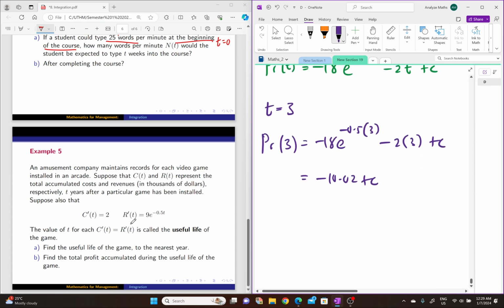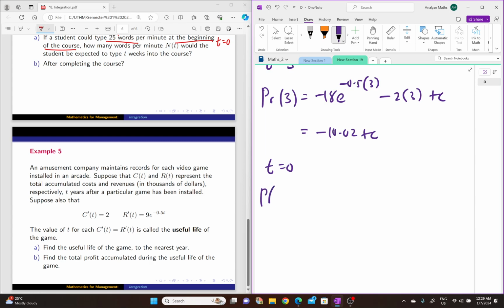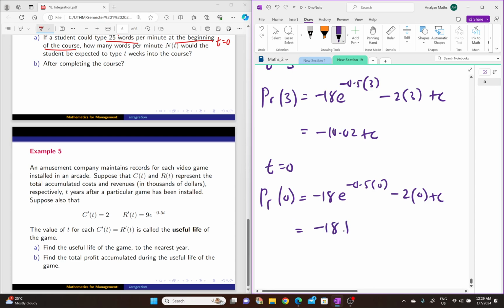They want accumulated profit, so we have to find when t is equal to 0 also, and from there we have to minus. When you will get negative 18 plus c.